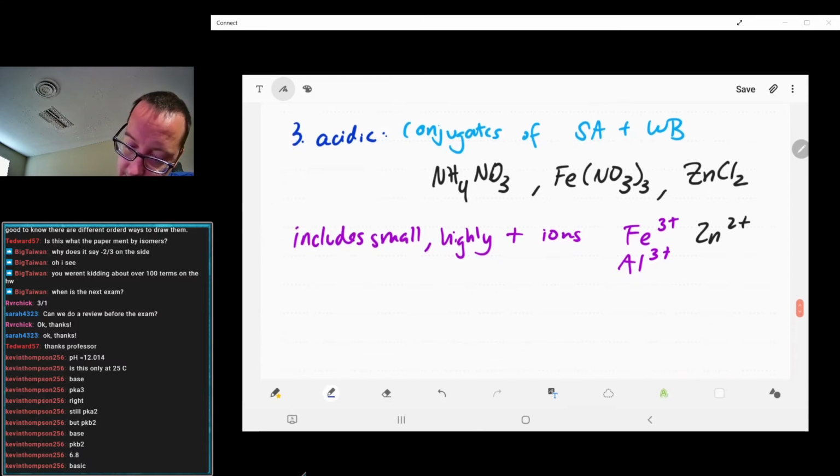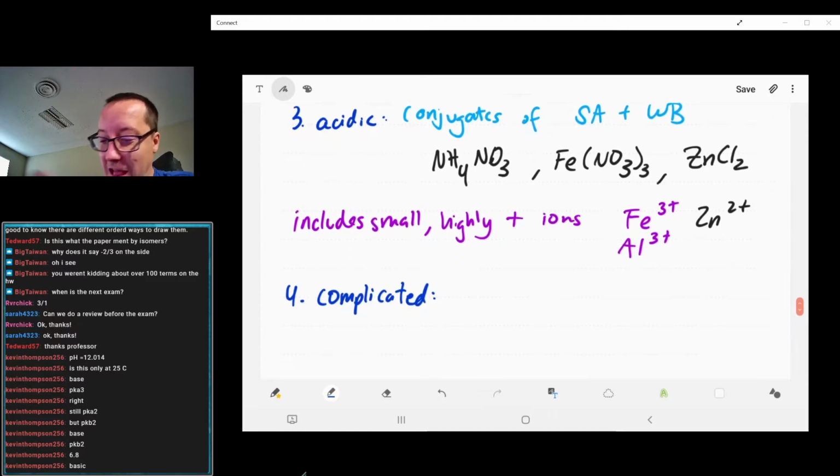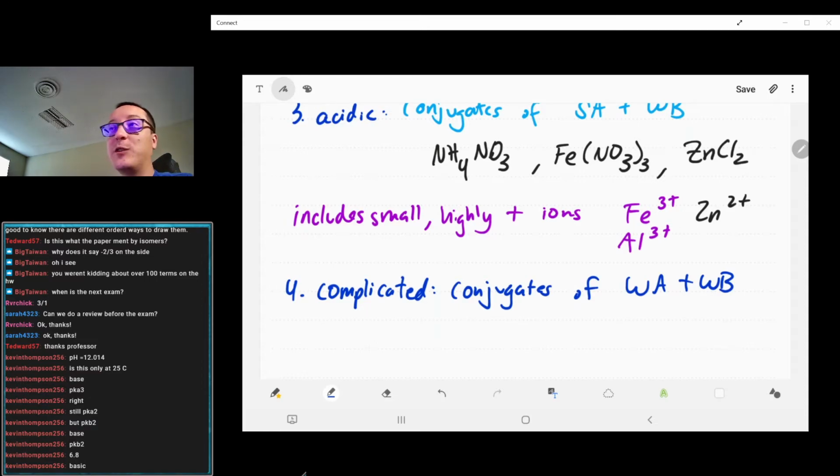All right, our last one is going to be the complicated one. So we had neutral, basic, acidic, and then complicated. This means that it's a conjugate of weak acids plus weak bases. So for these ones you would have to look at both of them and calculate stuff.